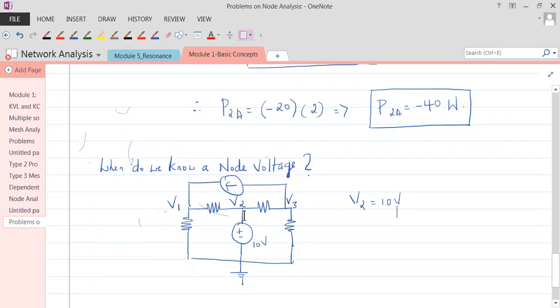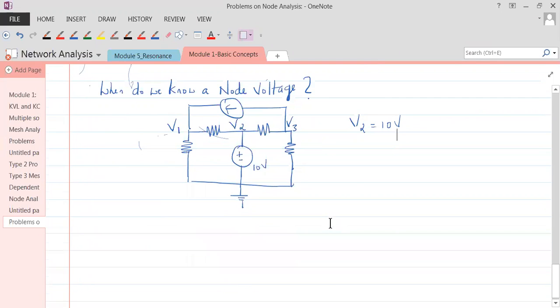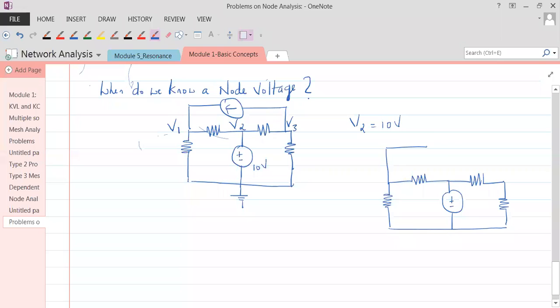And when we say V1, V2, V3, I'll just write down the same circuit. This is what we have, then we have the current source here. This is the circuit.